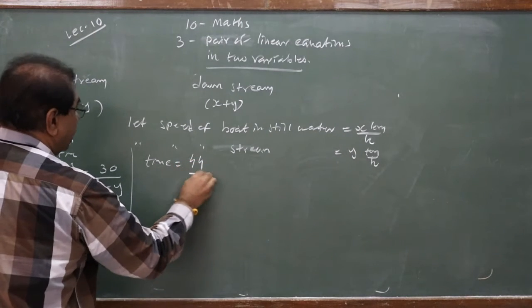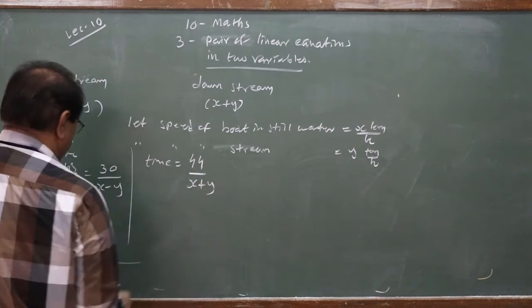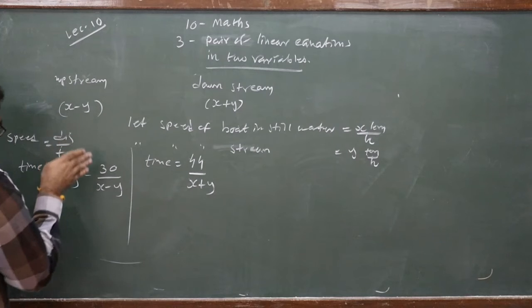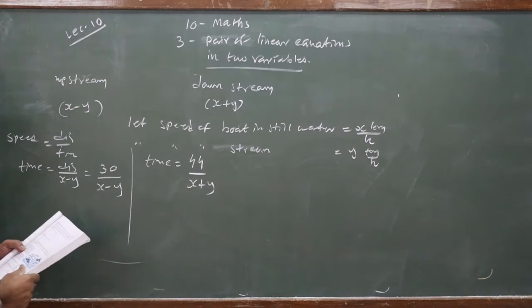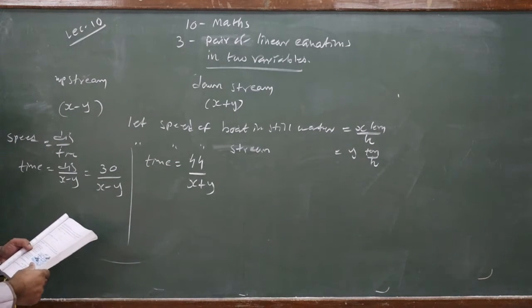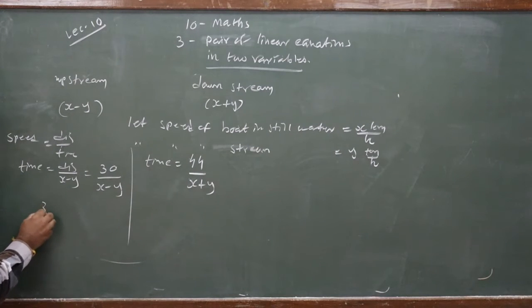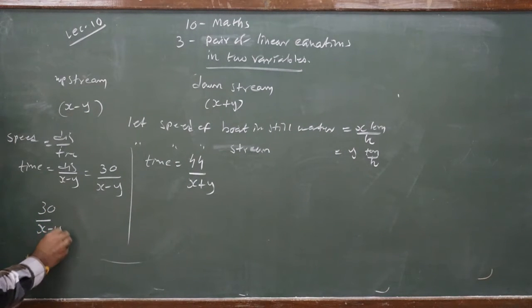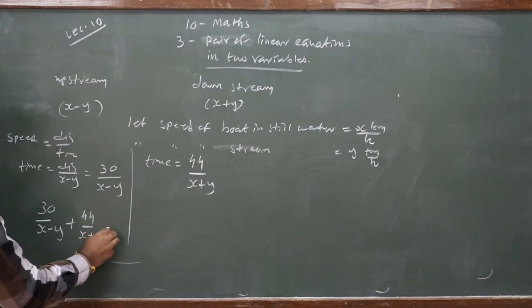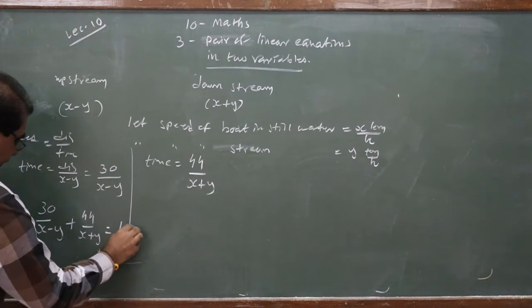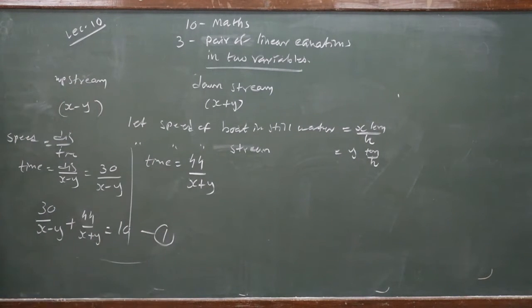So 44 upon x plus y. Both the time taken for upstream and downstream total to 10 hours. So first equation: 30 upon x minus y plus 44 upon x plus y is equal to 10. It is your equation number 1.